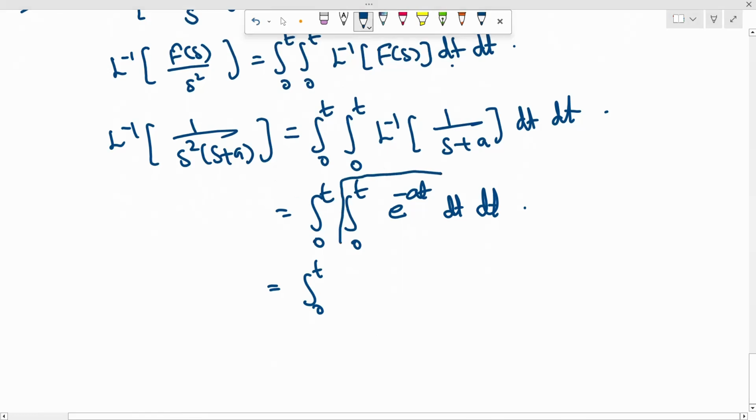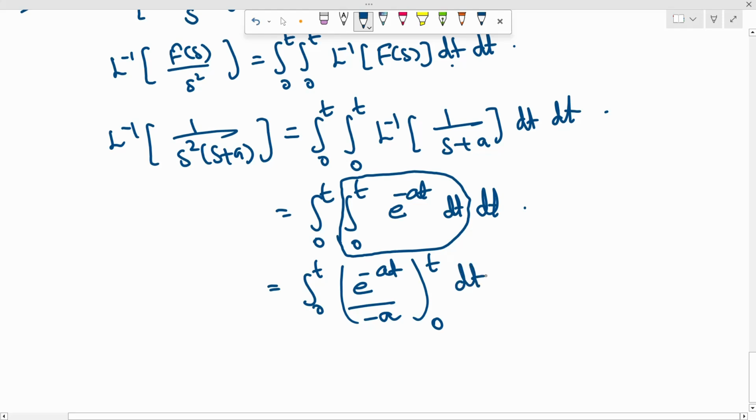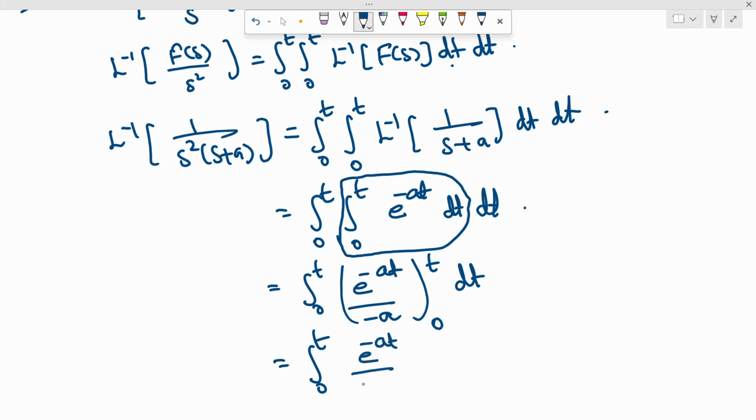First integrate e power minus at by minus a with the limit 0 to t, dt. Apply the upper limit value t: e power minus at by minus a, replacing t by t only, there is no change. Then apply the lower limit value: minus e power 0 by minus a, dt.